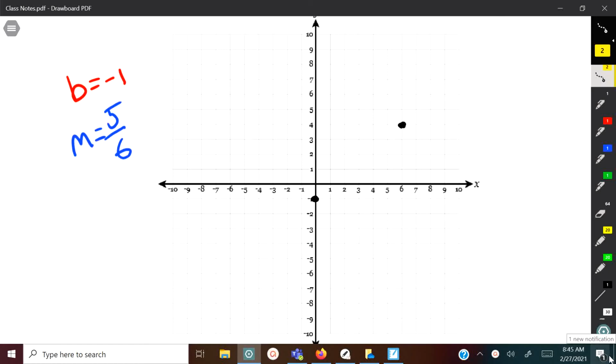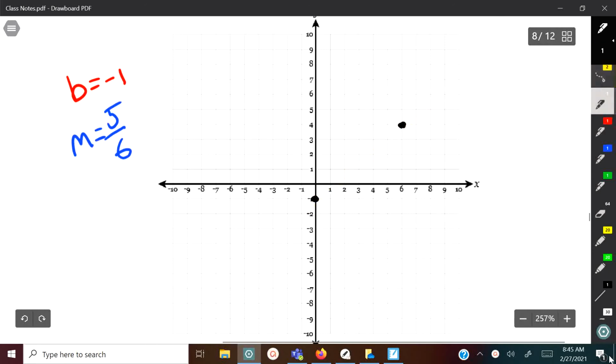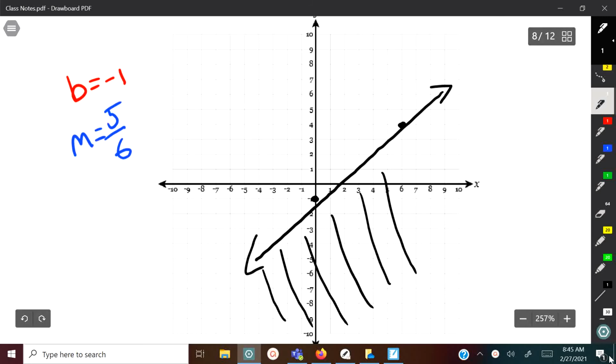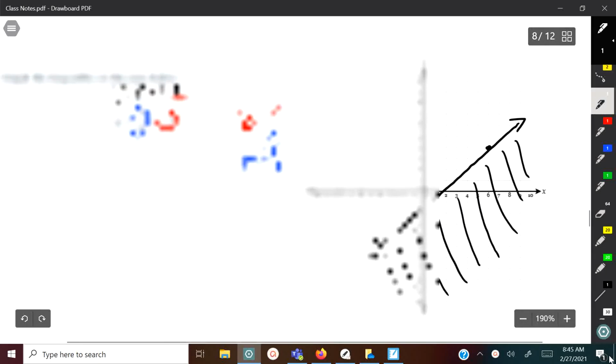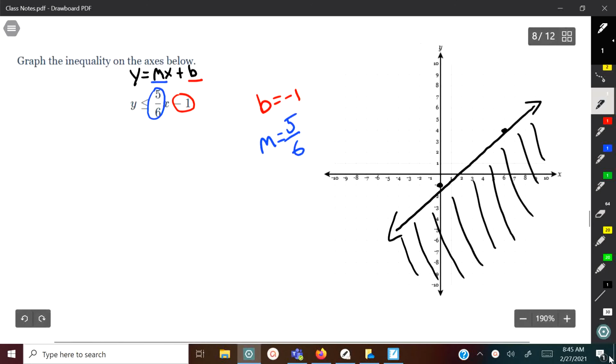So I'm going to draw a solid line here and shade below. And that's it. That's how you graph an inequality. It's already in slope-intercept form. So what I want you to do is take a look at one more problem and see if you can solve it.